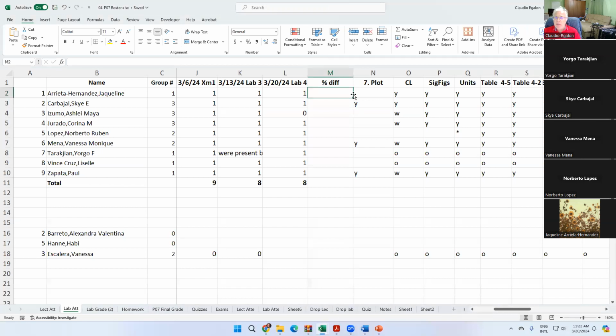What was the percentage difference? .73. Oh, yeah, okay. Those experiments work pretty well. Very good. In general, we get less than 1% of difference.